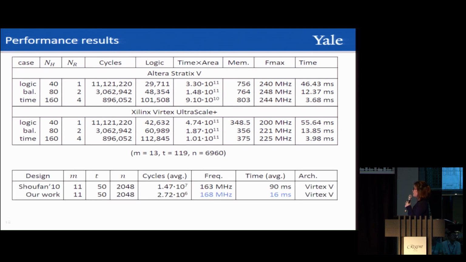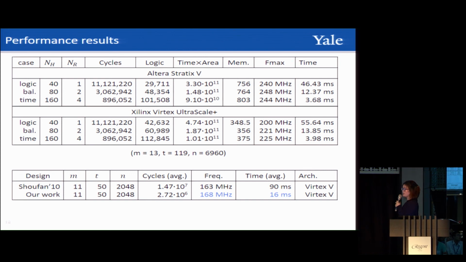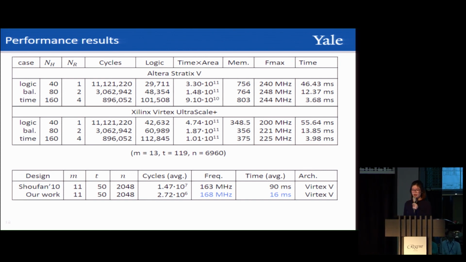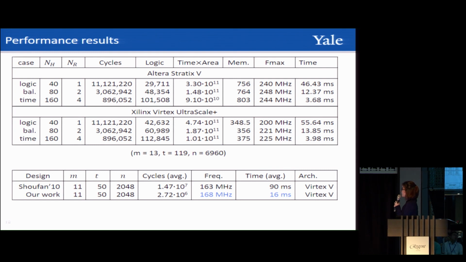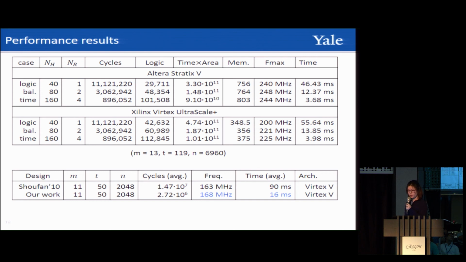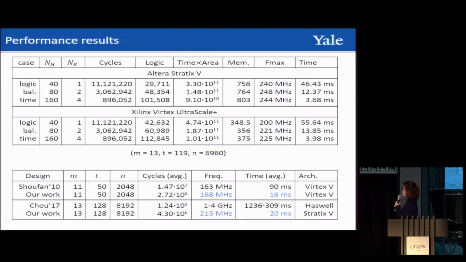And we also try to compare our design with some existing work. So we first synthesized our design with the system parameters that were used in the 2010 paper. And we can see that we need much fewer cycles while maintaining a good frequency. And finally, we need less time compared to their design. So I didn't compare logic here because they didn't provide much detail in their paper.